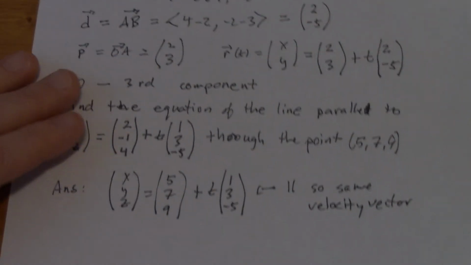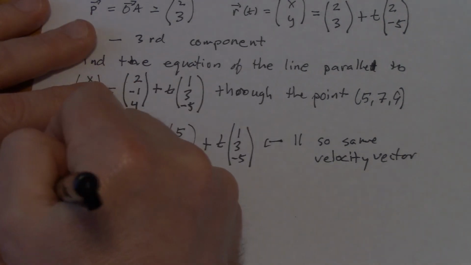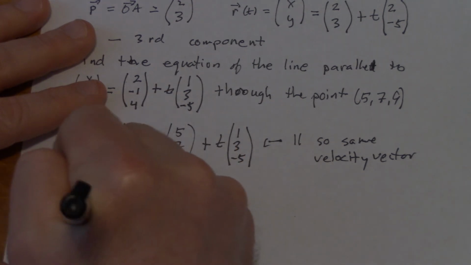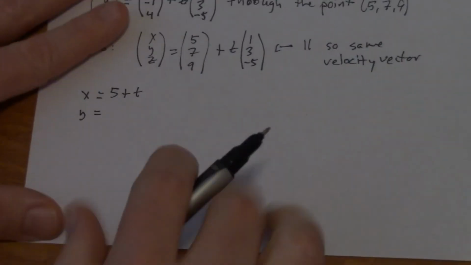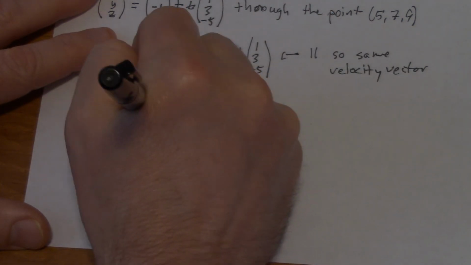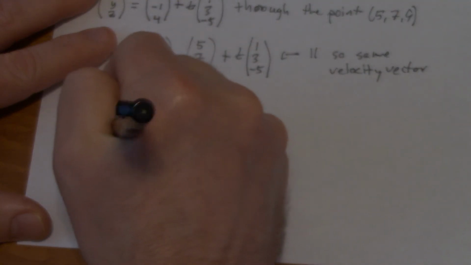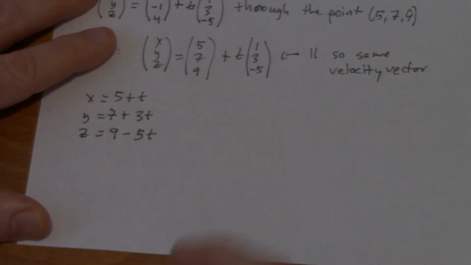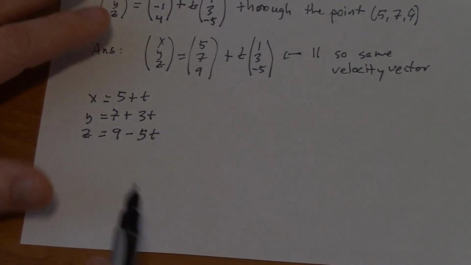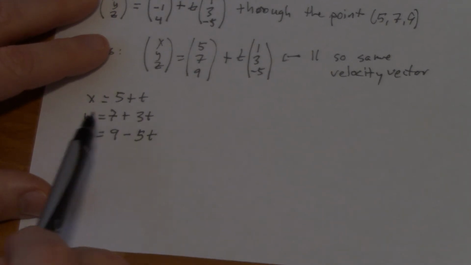Furthermore, we can write these parametrically. So I could say that x equals 5 plus t, y equals 7 plus 3t, and z equals 9 minus 5t. And one last little thing, I just want to make sure you see this. We can actually write that in rectangular form. It's kind of weird looking though. So how do I do that?